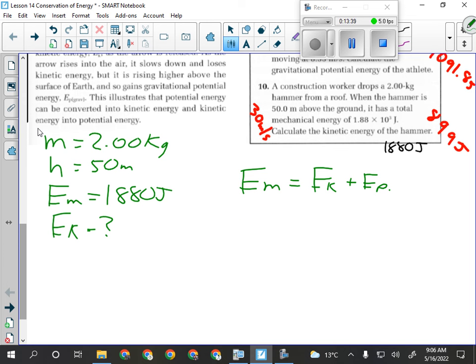All right, so I'm going to have mechanical minus potential equals kinetic. So that'll be 1,880 joules minus 2 times 9.81 times 50.